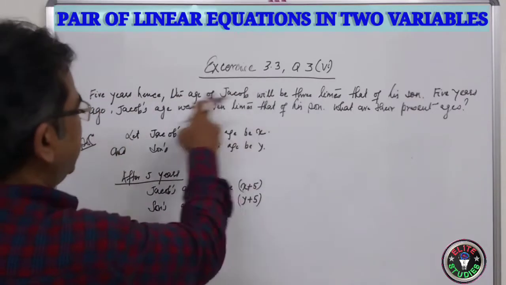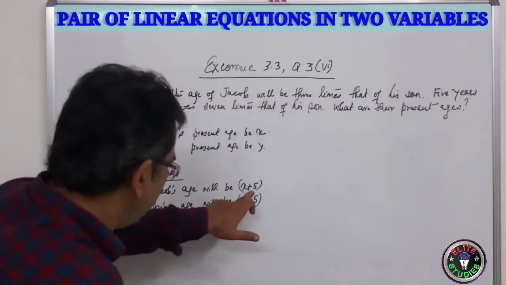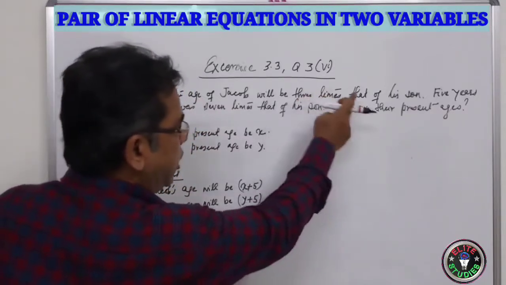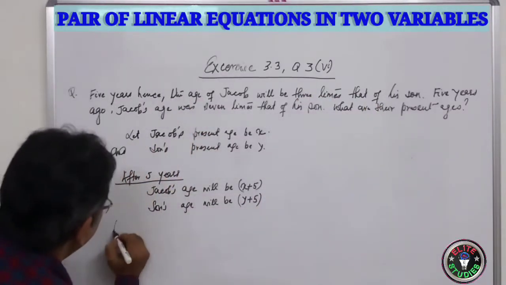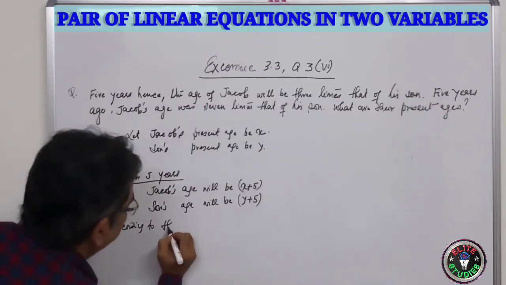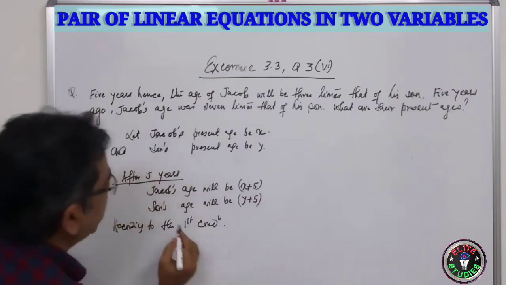Now, what is the condition? After 5 years, the age of Jacob will be 3 times the son's age. So according to the first condition, what we will get?